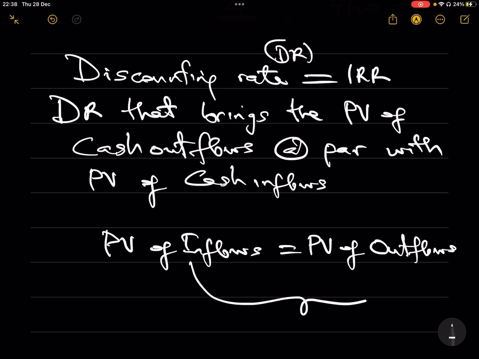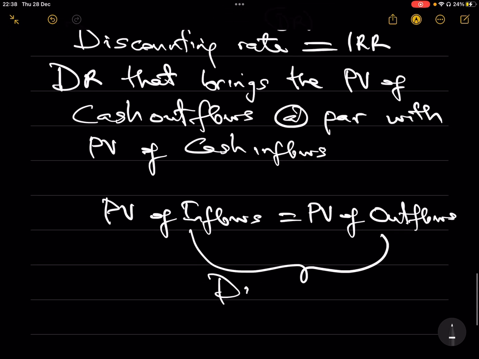Any discount rate that makes this happen is equal to IRR. That's what we're saying.